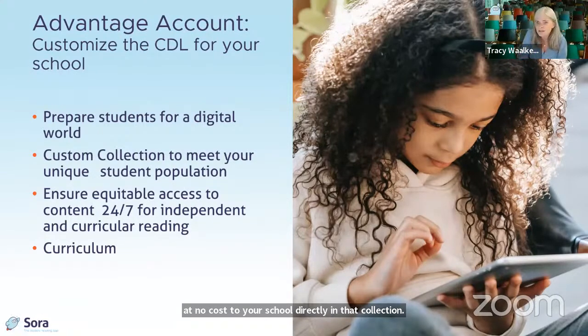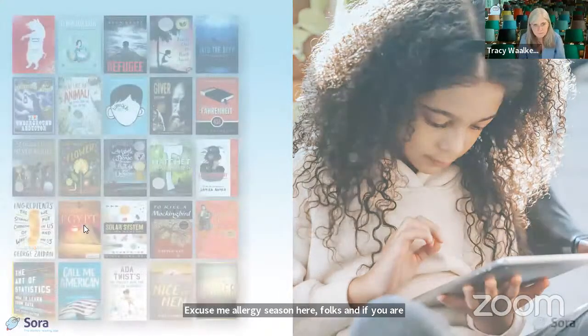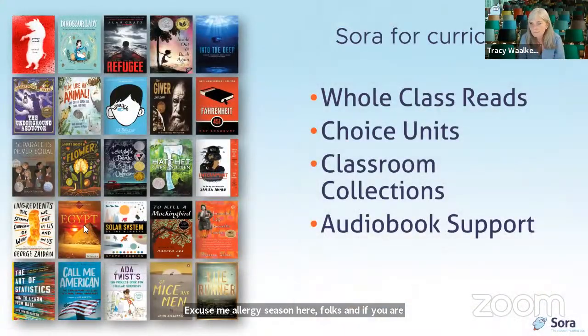And if you are using a particular curriculum, Regis, next slide. Or if you have a homegrown curriculum, we are happy to help with things like whole class reads. Everybody in third grade is reading a given title.